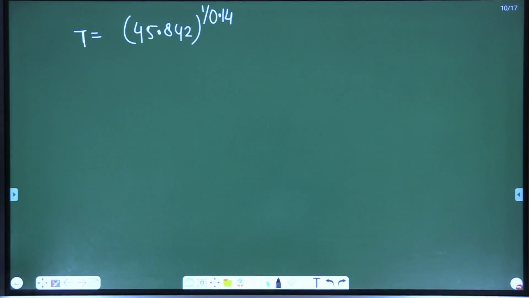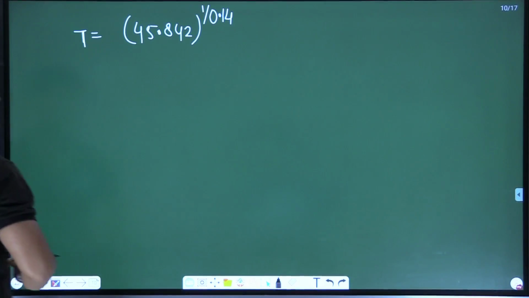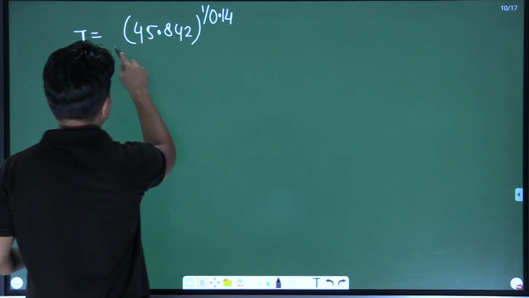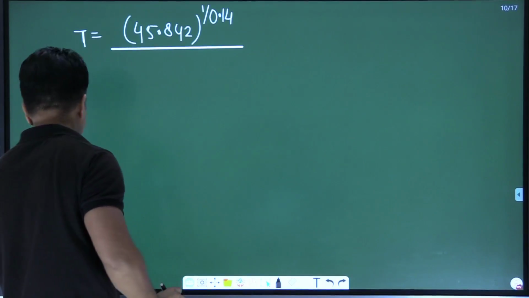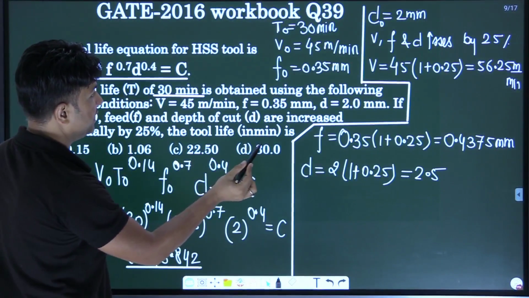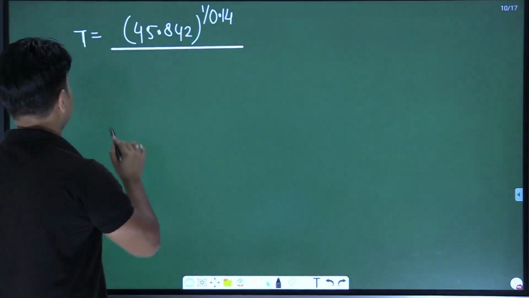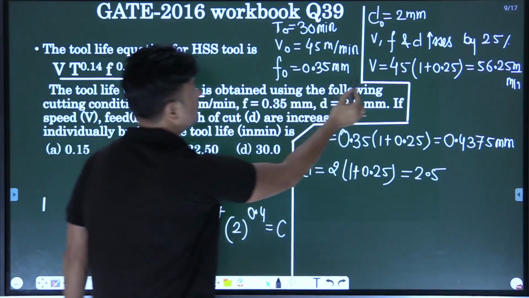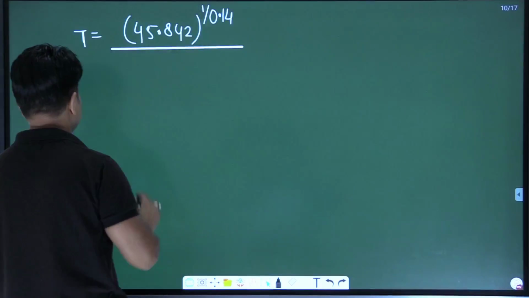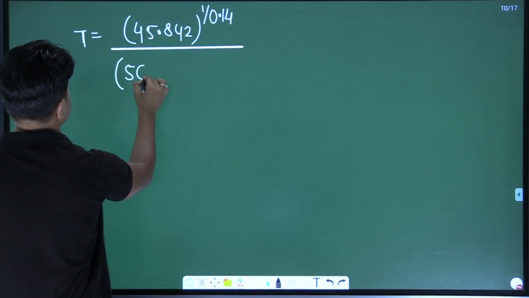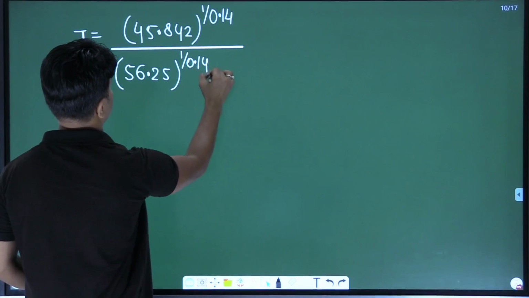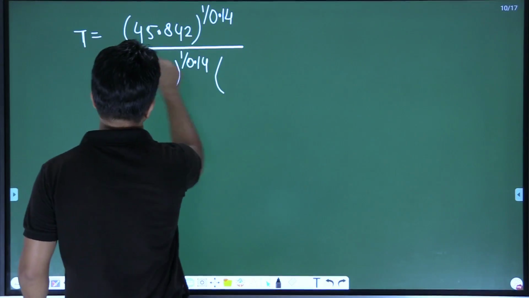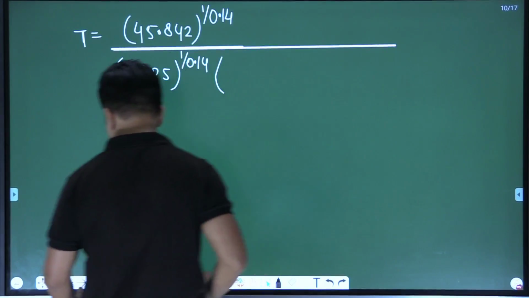Then you can write the velocity, 56.25, to the power 1 divided by 0.14, right? You just have to put the values in this equation, that's it.